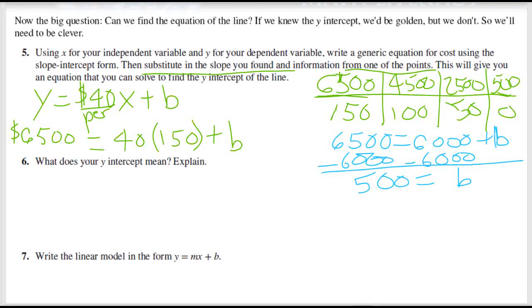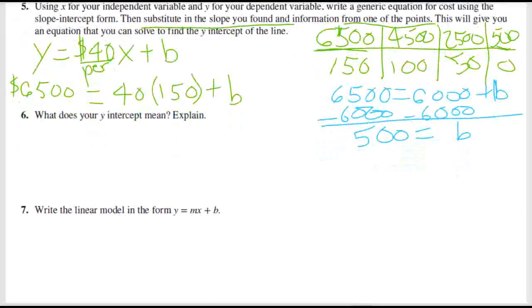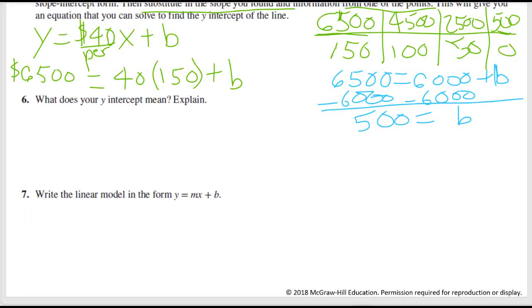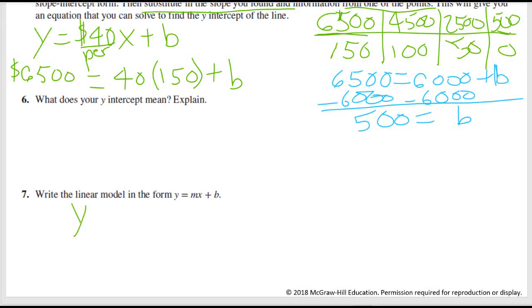Okay. Answer question 7. Restart the video once you're done. All right, question 7. Write the linear model in the form y equals mx plus b. They're just telling you to take our numbers now. So any cost, we can calculate by doing $40 times x plus 500.